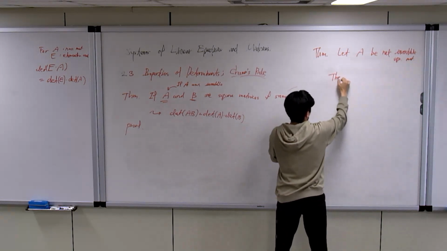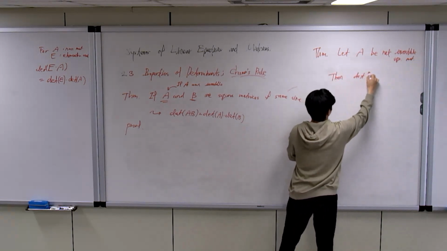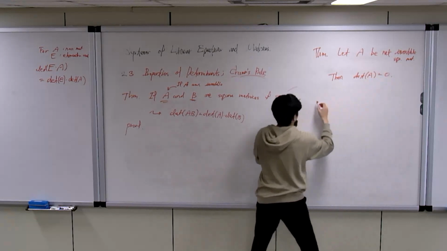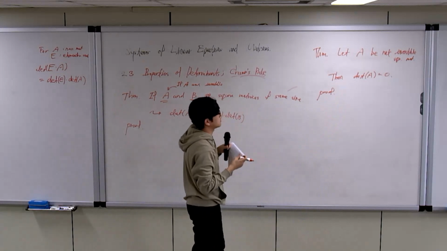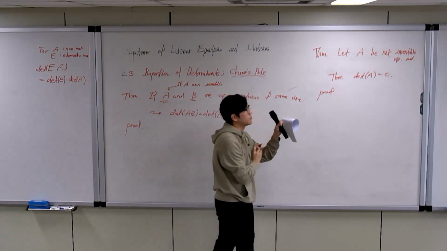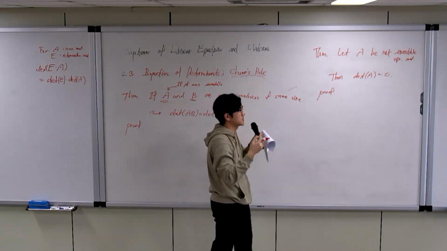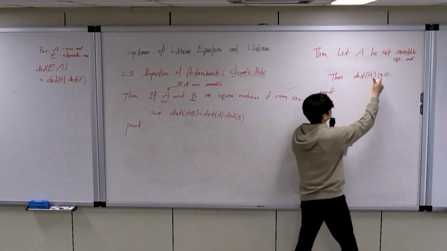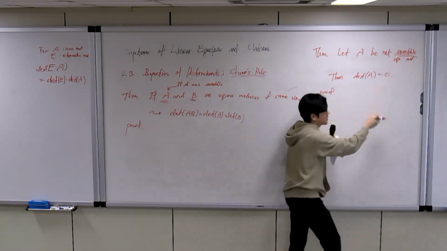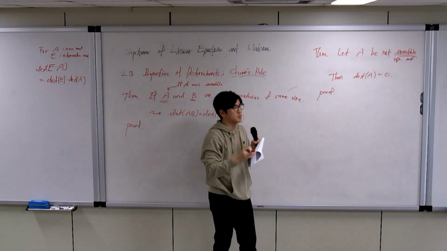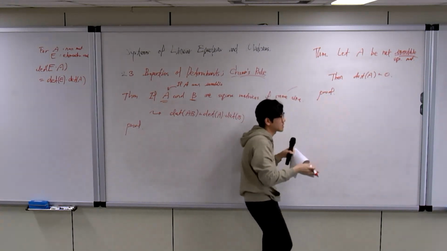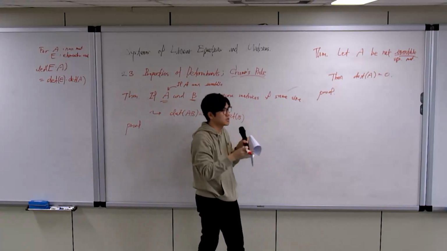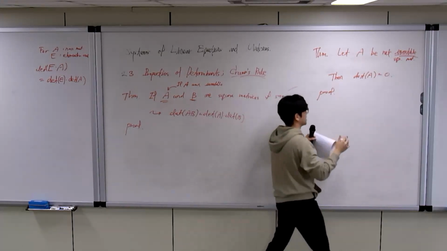Then the determinant of A is 0. We have seen the property of invertibility: if A is invertible, then its reduced row echelon form is the identity.